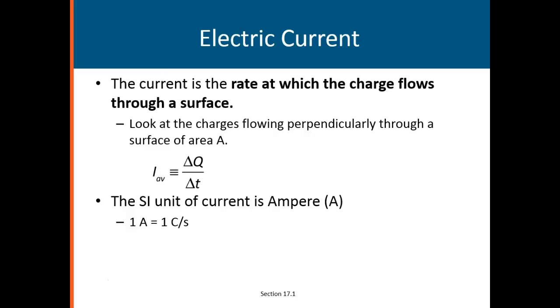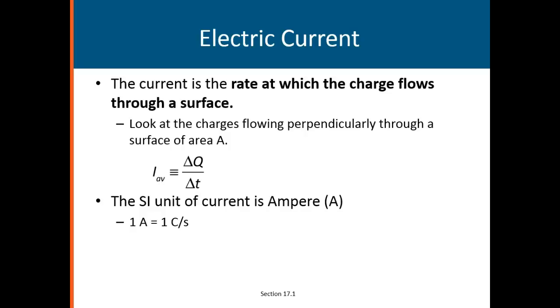The current is the rate at which charges flow through a surface. Now you might say, what surface are they talking about? It's an imaginary surface. Let's say we have a wire here that's carrying the current. The charges are moving down that wire. Just imagine there was a surface across there.